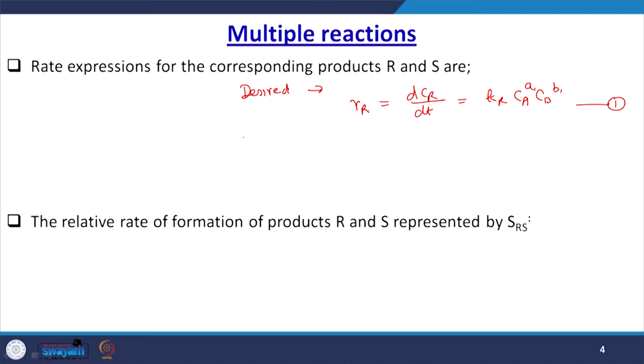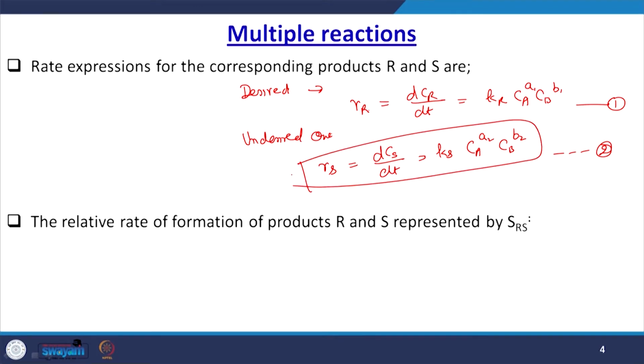And for the undesired one, we can write Rs is equal to dCs upon dt is equal to Ks Ca^a2 Cb^b2. This you can represent as equation number 2.